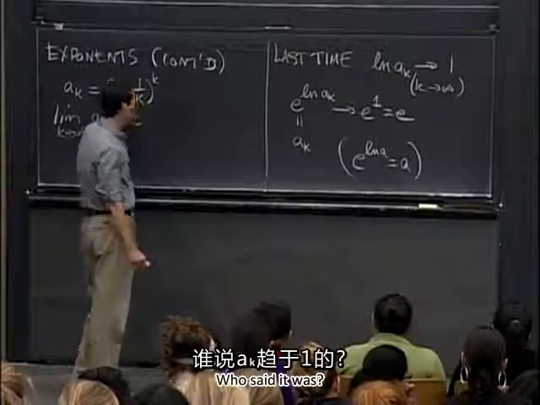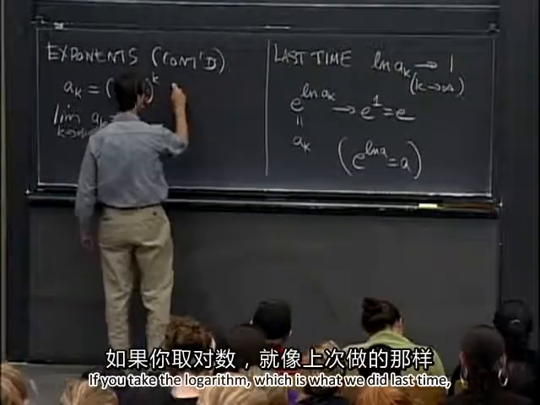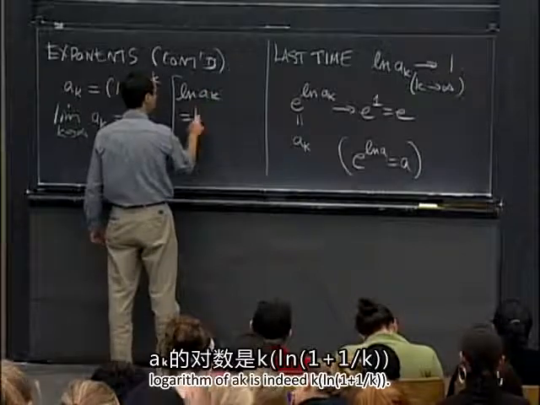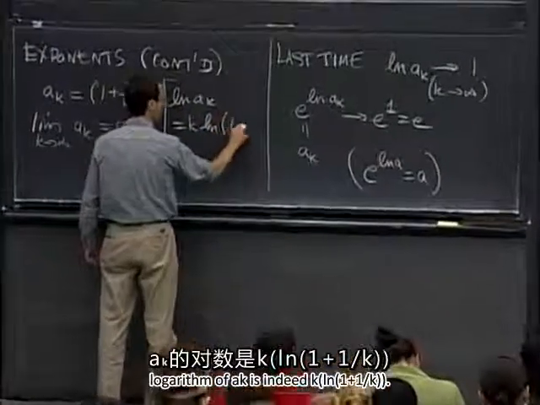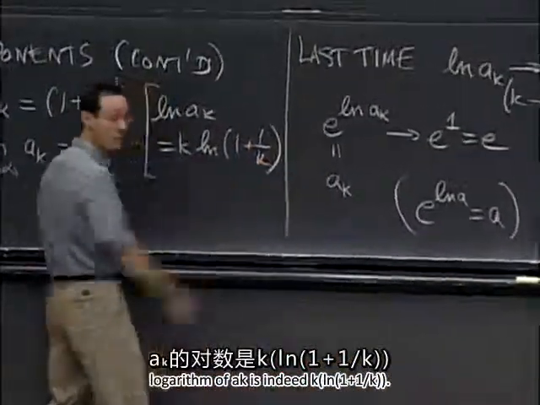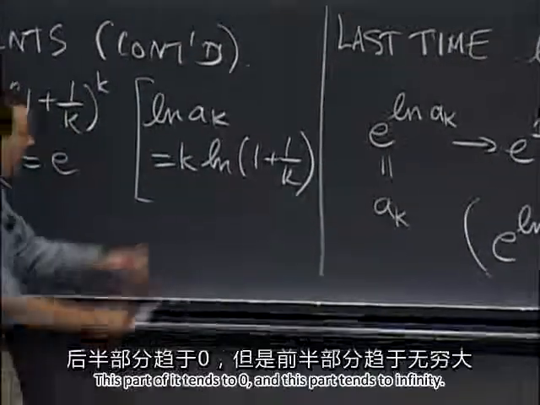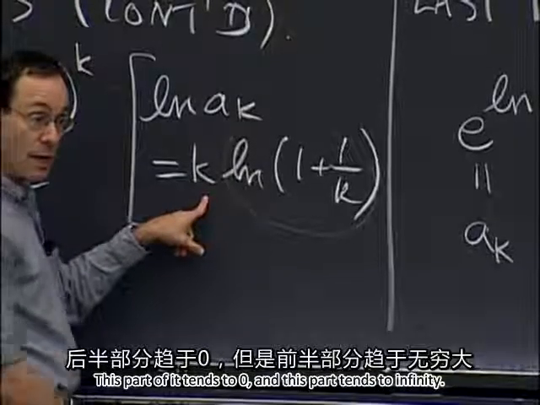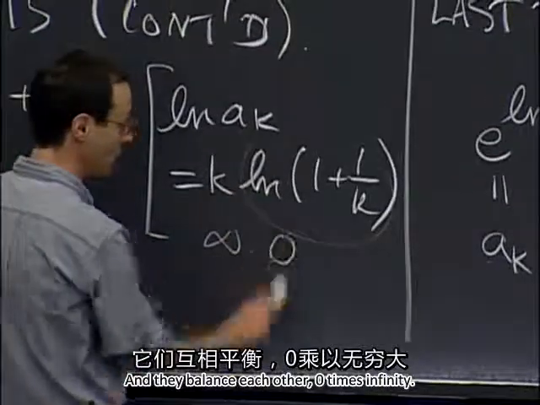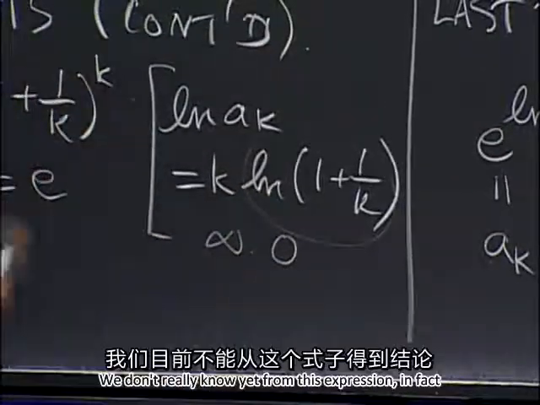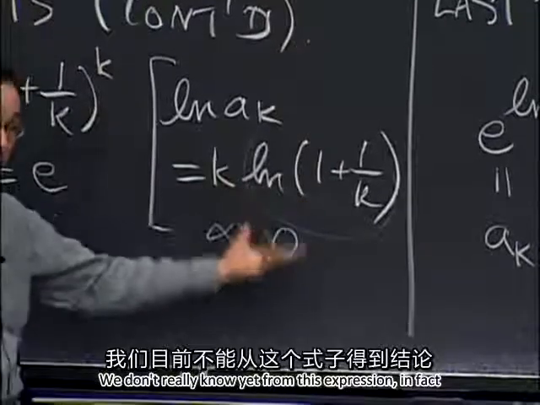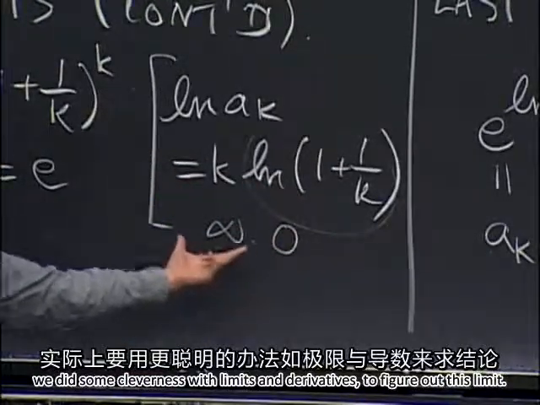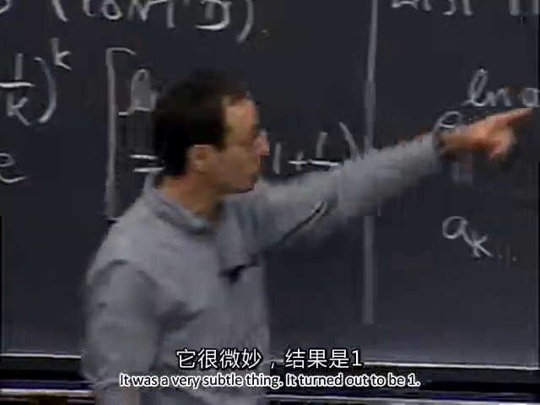If you take the logarithm, which is what we did last time, the logarithm of a_k is indeed k times the log of 1 plus 1 over k. That does not tend to 0. This part of it tends to 0, and this part tends to infinity. And they balance each other, 0 times infinity. And so we don't really know yet from this expression. In fact, we did some cleverness with limits and derivatives to figure out this limit. And it was a very subtle thing. It turned out to be 1.